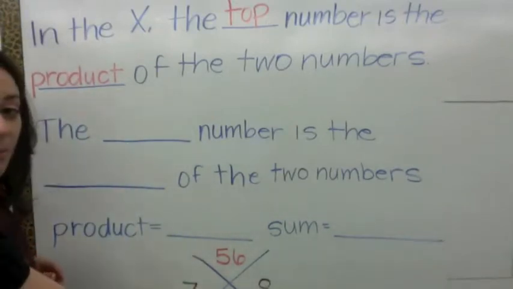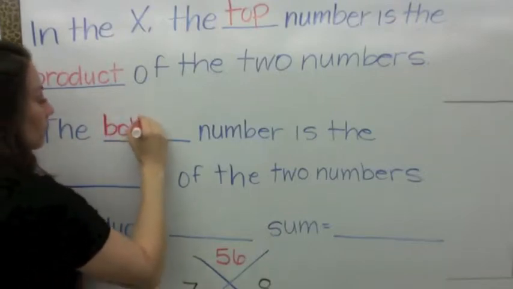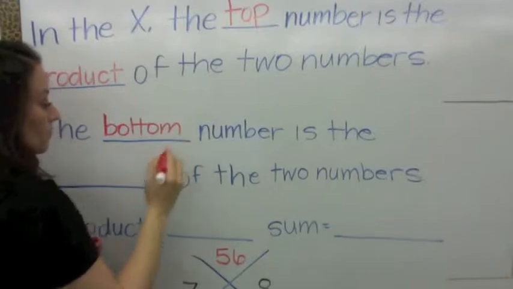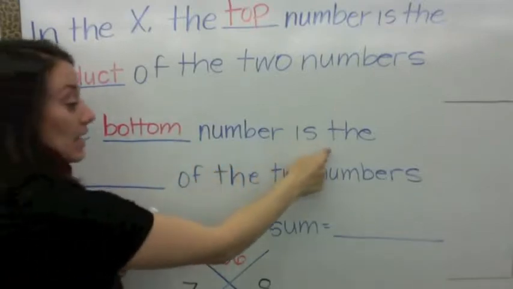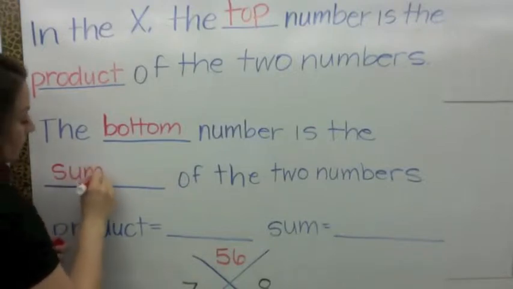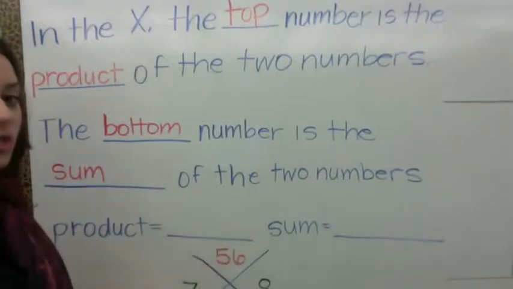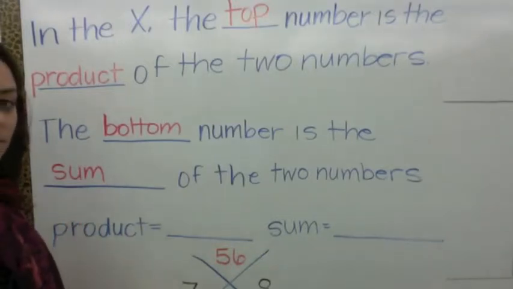Now the bottom number is the sum of the two numbers that are on the side. Okay, so go ahead and get that down.